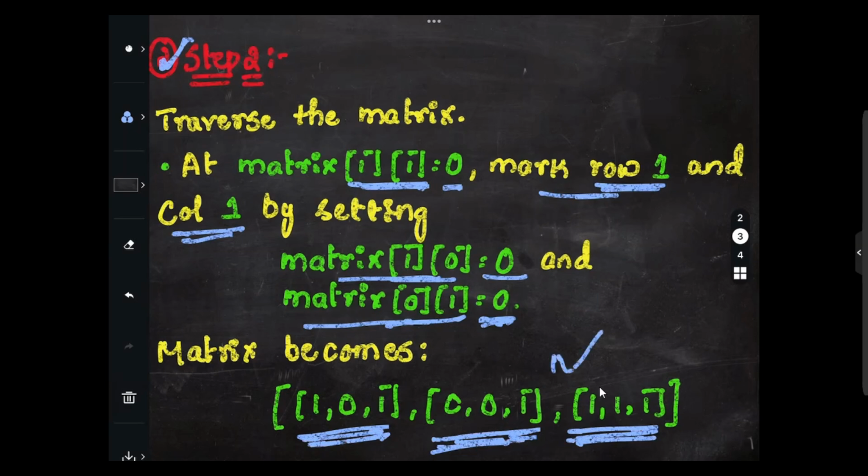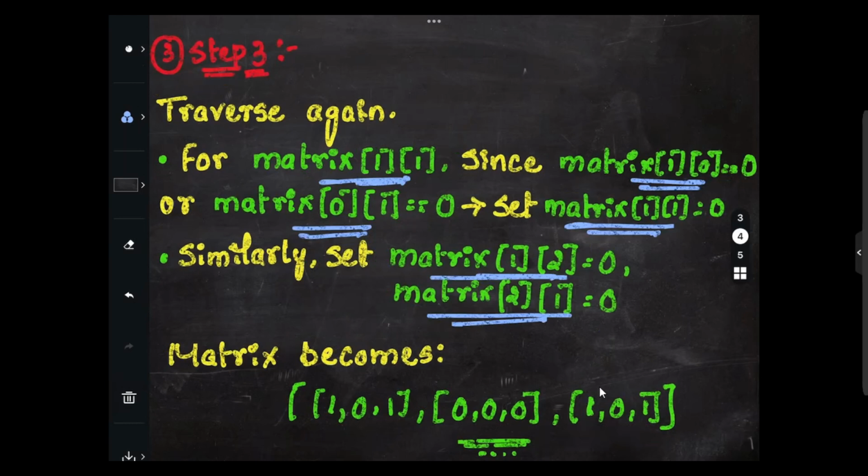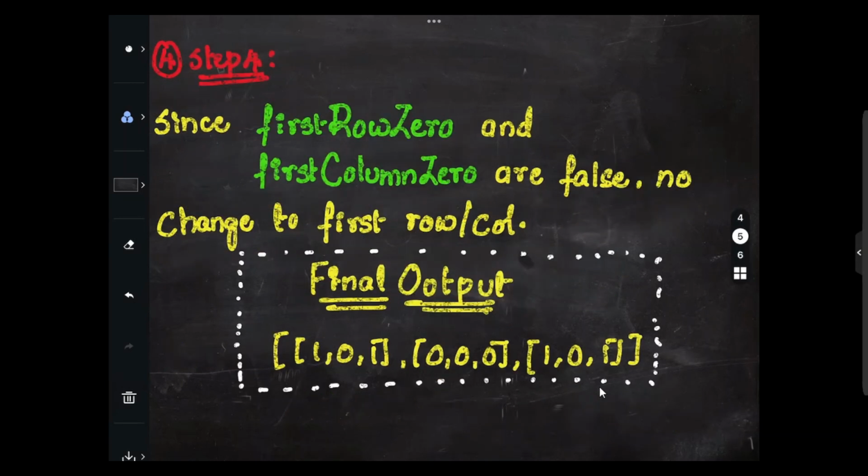So this is the output that we wanted, right? Here in this case, since the first row and the first column are false, we don't have to change the first row or column, right?